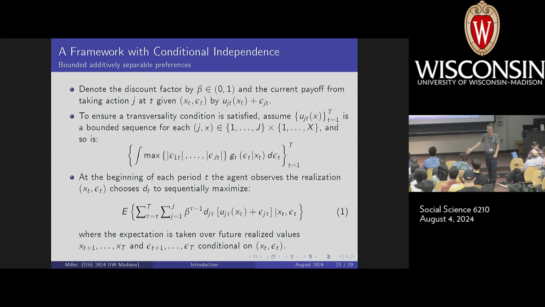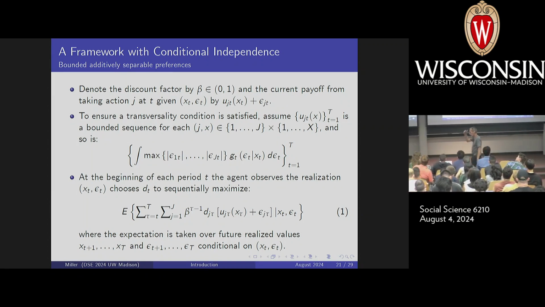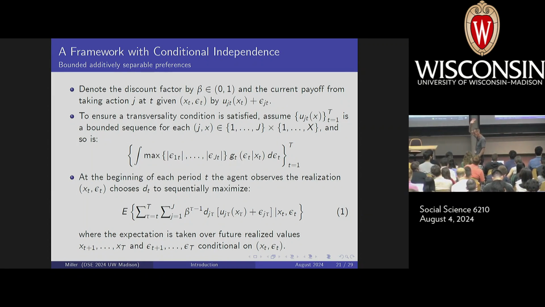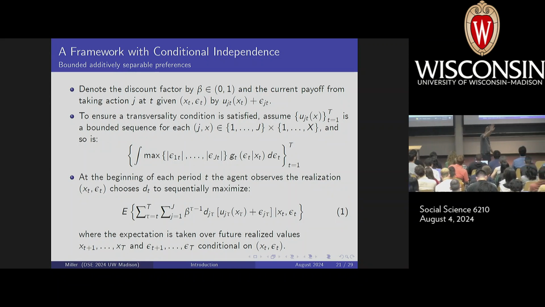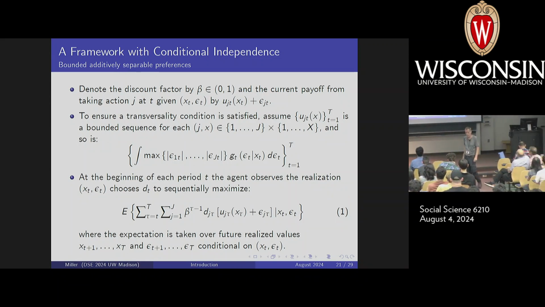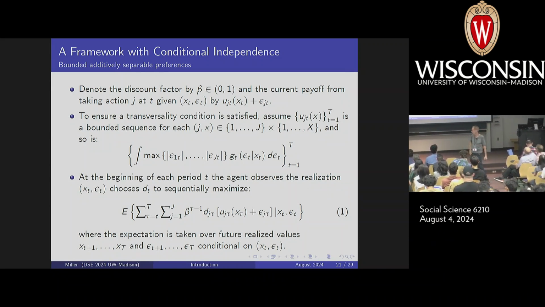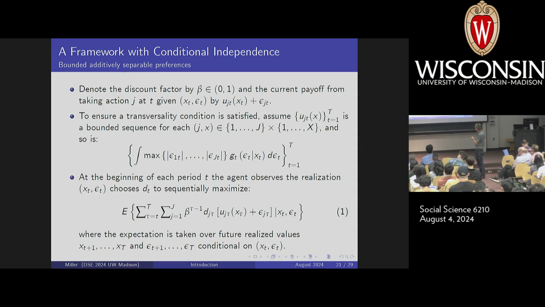So let's continue along this line for a minute, because a lot of work is actually based on what happens when we appeal to the conditional independence assumption. So where do we go? We got the U here and the epsilon here, and you might think, you know, where is the assumption?